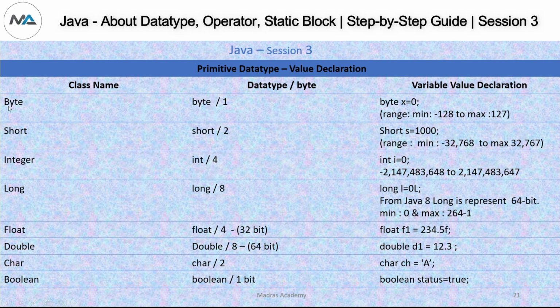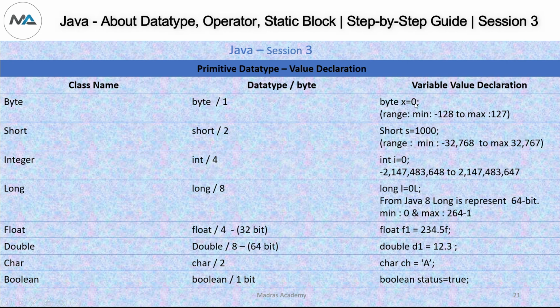See, here I wrote Byte as a class name. If I am going to declare the byte data type, using this data type we need to declare it. And here we have only one byte, I already told you. And how to declare this variable? byte x = 0. So 0 is the default value.